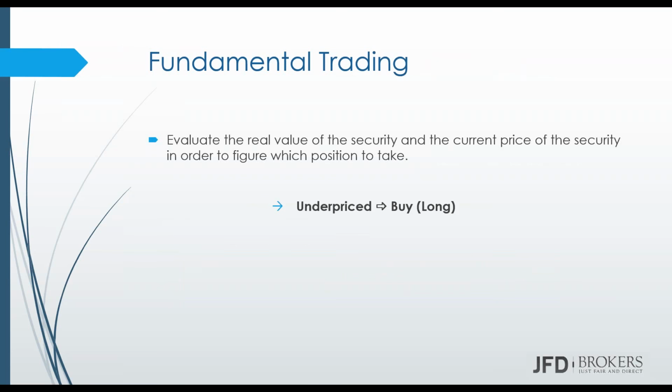So you buy the underpriced securities and vice versa. When you find an overpriced security, you open a short position. Okay, this sounds a little complicated, but it's easier to understand through the next example. Just to mention that the next example is more suitable for medium to long-term investors.